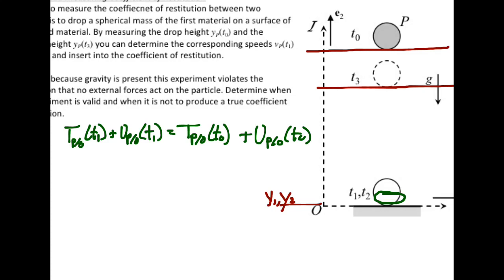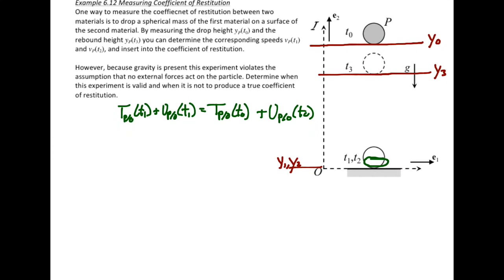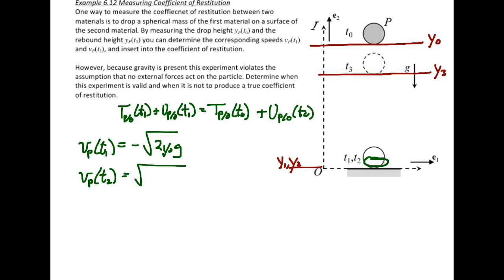Using this energy balance, we get our speed at time 1, which is vp at time 1 equal to, given our heights, negative the square root of 2 y0 g, and then our speed at time 2 will be positive the square root of 2 y3 multiplied times g.